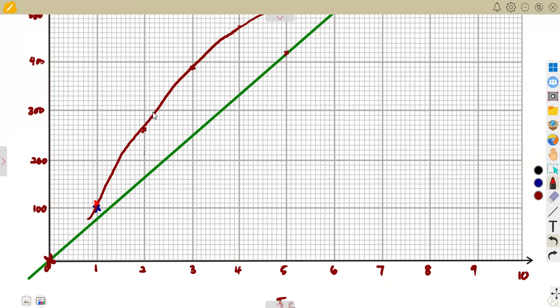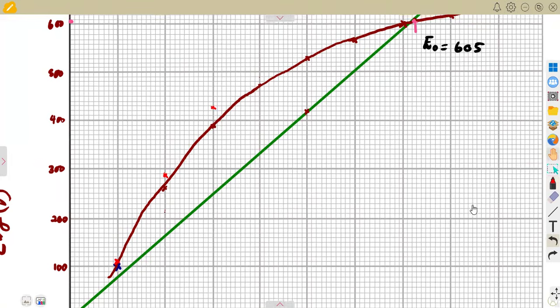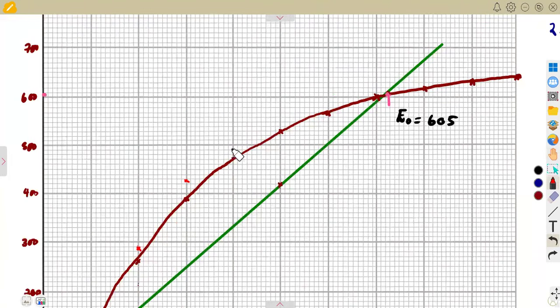2 versus 286, and so on. So this was 286, 290, 286 approximately. It's not going to be exact. You're going to have approximation there. 3 versus 429. You are marking these points. 410, 20, just below 430. 5 versus 583.